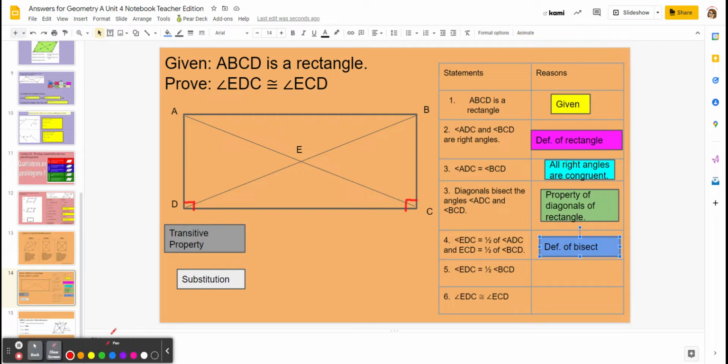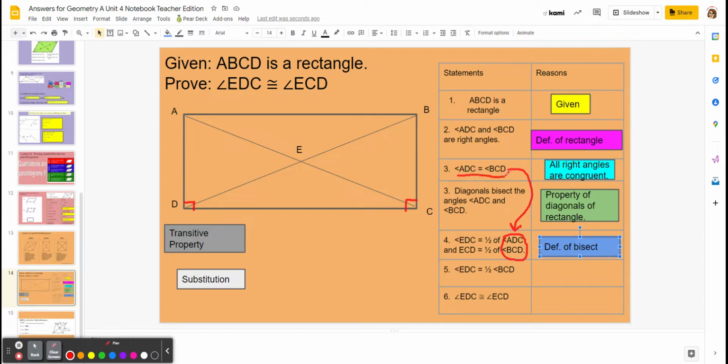And notice here, remember up above, I said these angles are equal to each other. And now I'm saying these two angles are equal to ADC and BCD. So my first statement, EDC equals half of ADC.